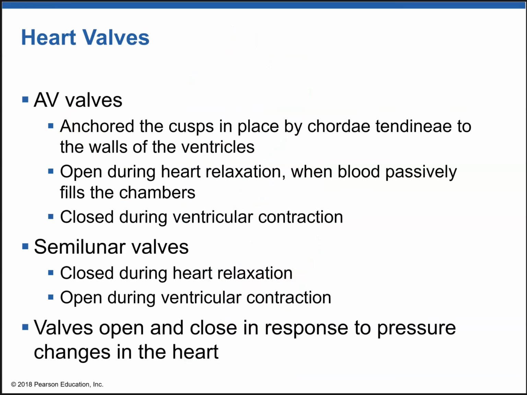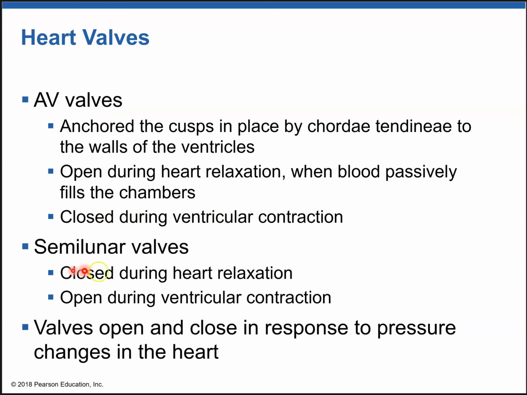Okay, so the heart valves are known as AV valves and semilunar valves. The AV valves are open during relaxation. So when the heart is relaxed, blood passively flows and fills all four chambers. But when the heart is contracted, these AV valves between the atrium and the ventricle shut close.